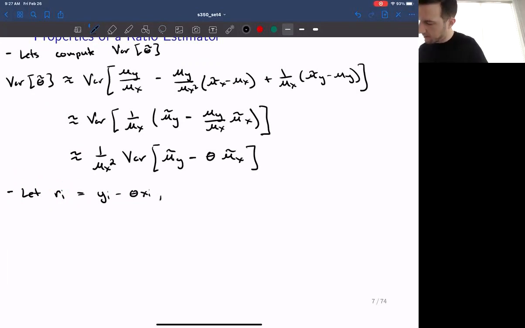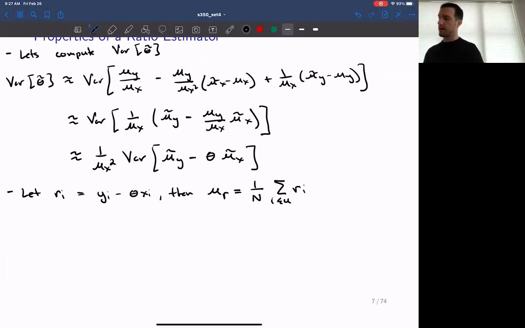Okay. So then mu of r is equal to 1 over capital N times the sum of i in U of the ri.